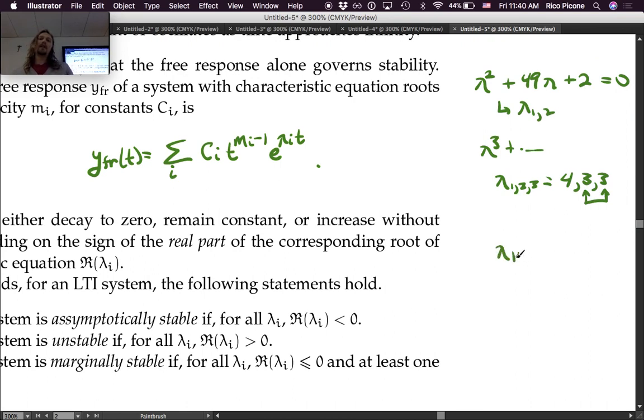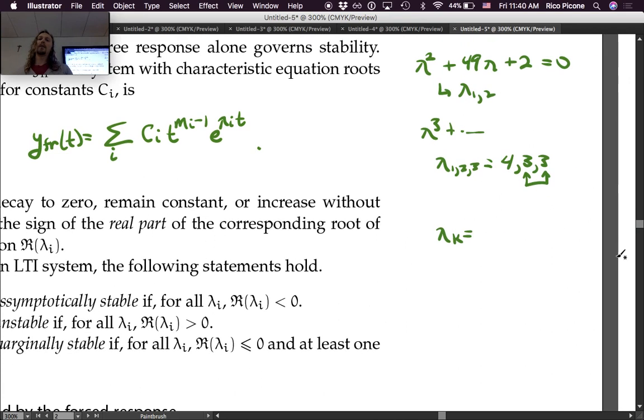So let's say that your kth lambda was a complex lambda, and it was some real part sigma plus j omega, some imaginary part. Then we would have an e to the sigma plus j omega t term, right? That would arise from that. So e to the lambda k t would just be e to the sigma plus j omega t.